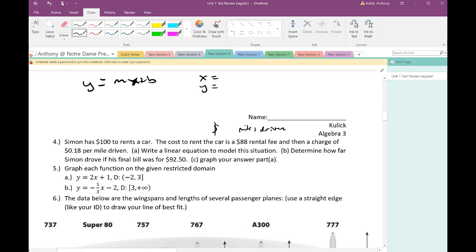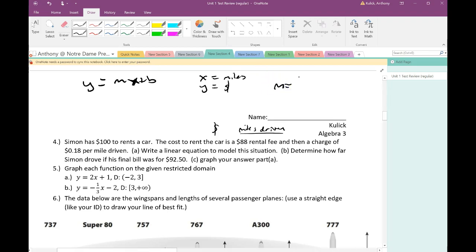Which one of them is going to be the x variable? Which one is going to be the independent variable? That's going to be the miles. And the cost is going to be the dependent variable, or the y, because the cost of the car rental depends on how far you drive the car. Hopefully that's clear from the context of the problem. Okay?